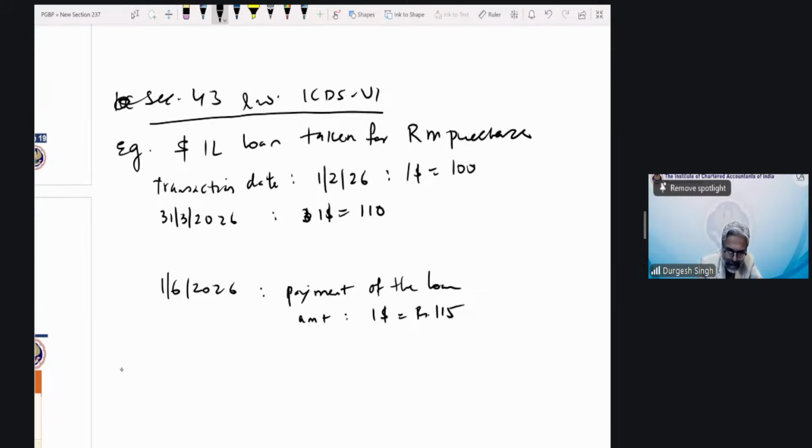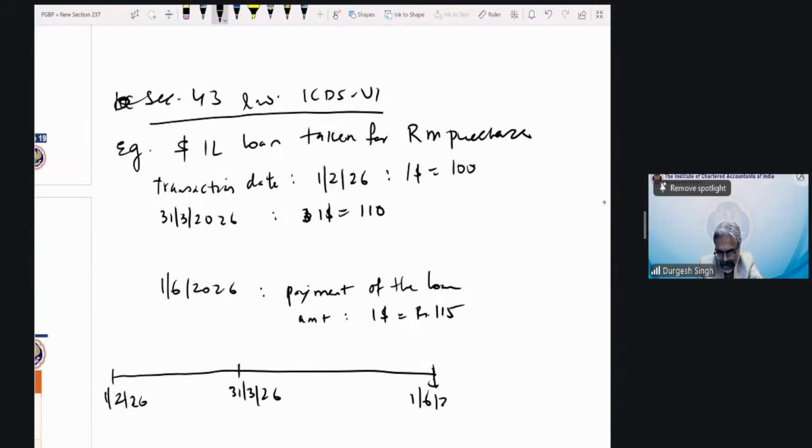So students, what will happen in this case? Be careful over here. From 1st February 26 to 31st March 26, then there is 1st June 26. So from 100 to 110, this difference of 10 into $1 lakh, which is rupees 10 lakh, is allowed as deduction, friends.